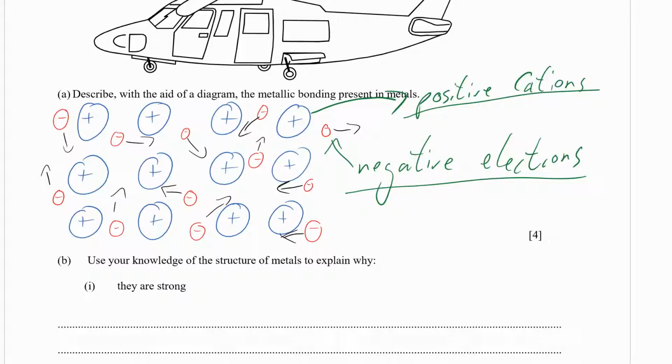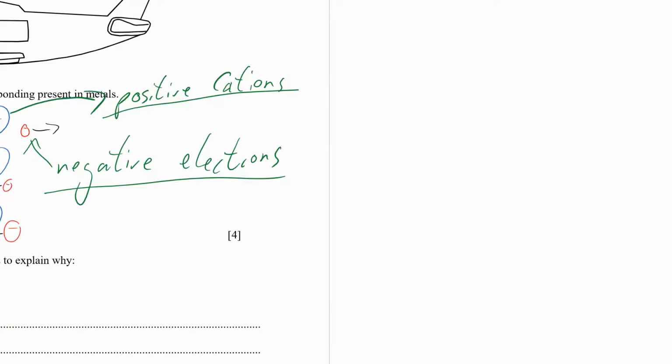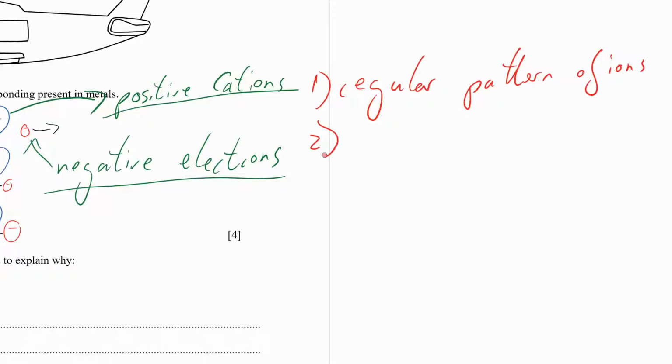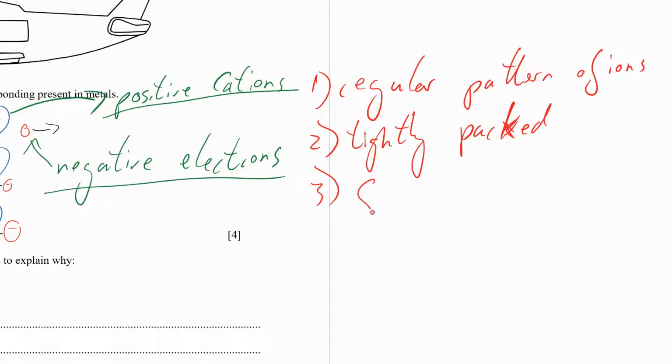You could then also use words to help explain that, so I'll just move this over to the side and write the sentences which are required. So you need to say they are a regular pattern of ions, tightly packed, there are free electrons, and number 4, hold structure together.